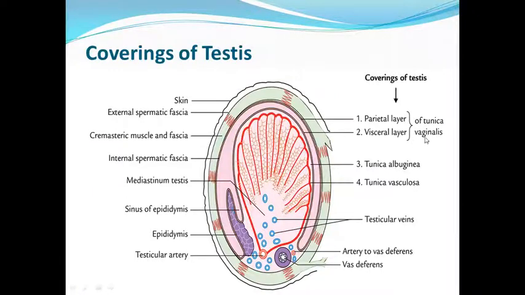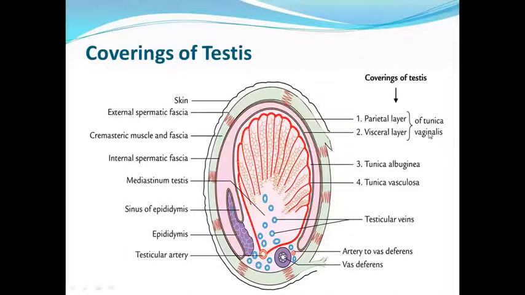The outermost layer, the tunica vaginalis, also has 2 layers. The outer one is the parietal layer and the inner one is the visceral layer. In the next figure it will be very clear: the 2 layers, the visceral layer and the parietal layer of the tunica vaginalis, are shown very beautifully in the next diagram.